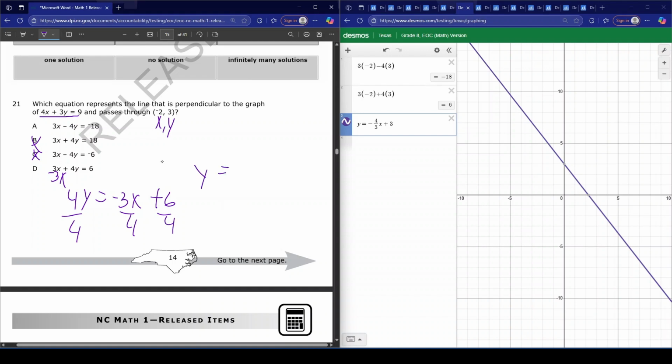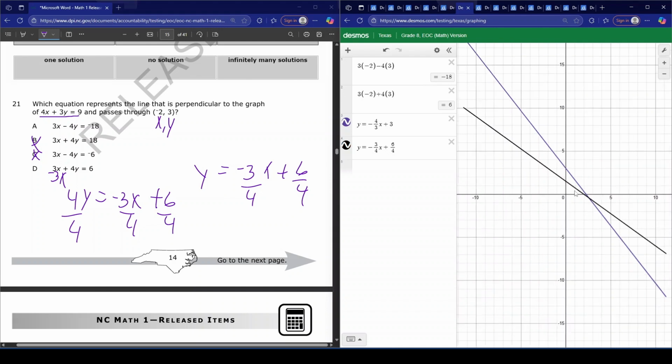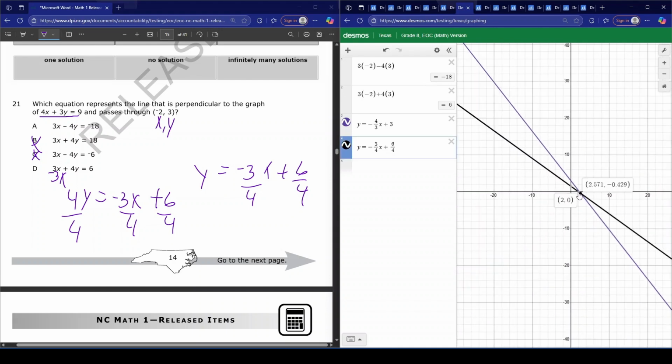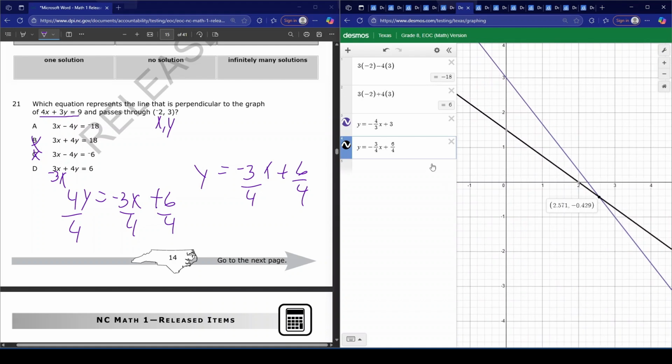We're left with y equals negative 3x over 4 plus 6 over 4. So let's do this over here: negative 3 over 4 x plus 6 over 4. Now, does this look perpendicular to you? It doesn't. It intersects once, but I wouldn't say that it is perpendicular.